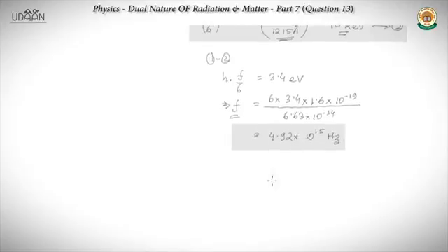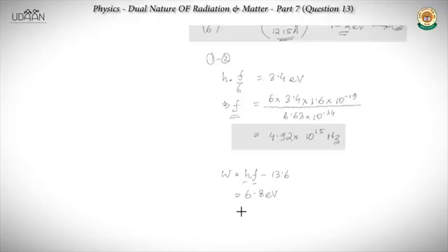What about the work function? For the next part we substitute into equation 1: W equals hf minus 13.6. We know h, we know f, so we just substitute the values to get 6.8 electron volts, which is the work function.